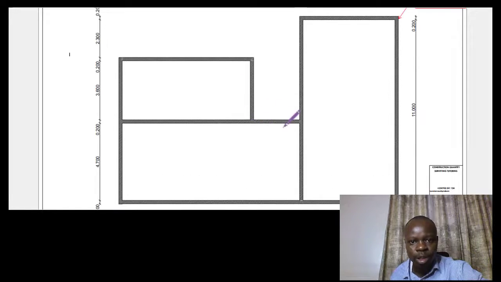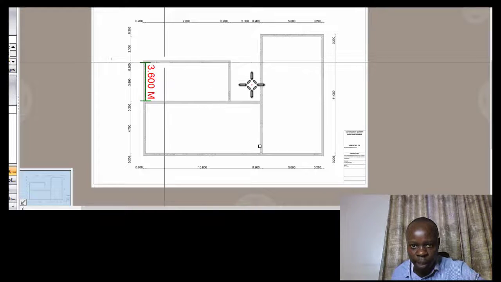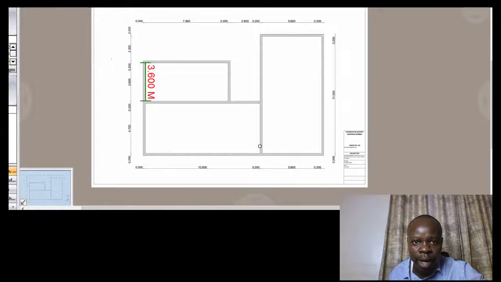Okay, so normally it's important that you can always apply this to this particular plan, in the sense that let me use this other one to show it even better. So the area that we are required to work on, okay, the area that we are required to work on.